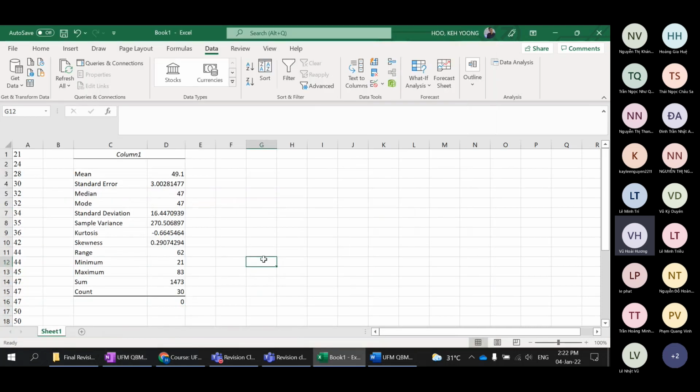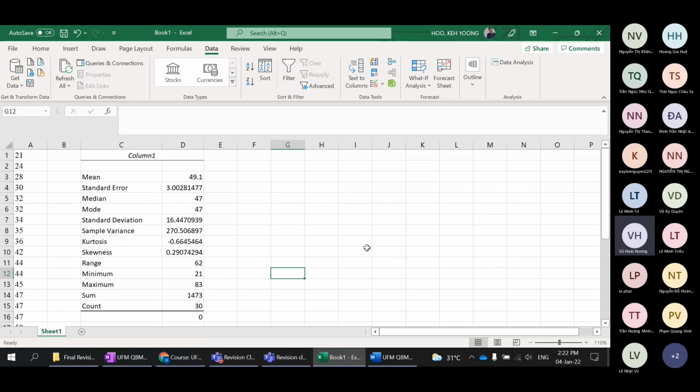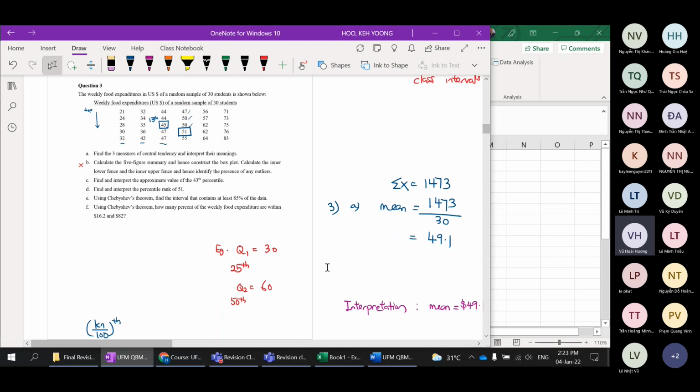Are you able to get the same output as mine? Mean is 49.1. Anyone can't get it? If you check with the answers in question A, when we calculate the mean, we got 49.1.